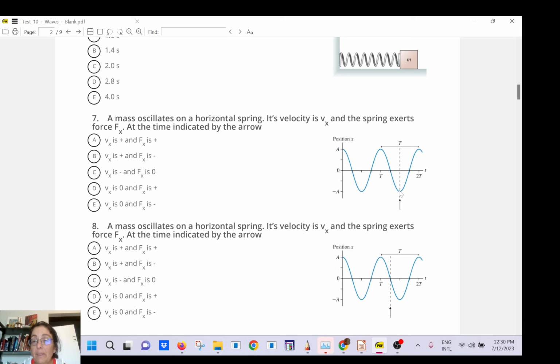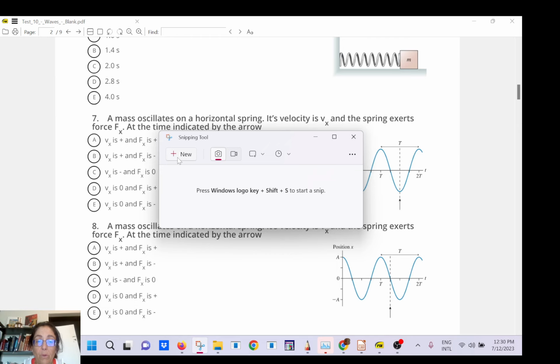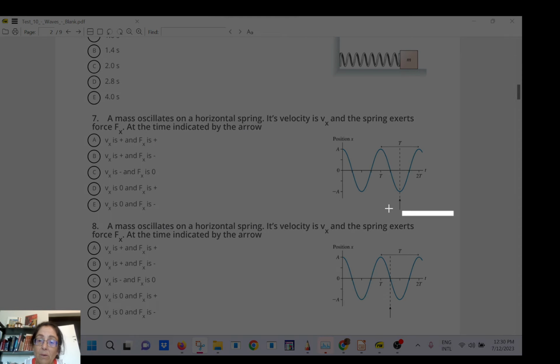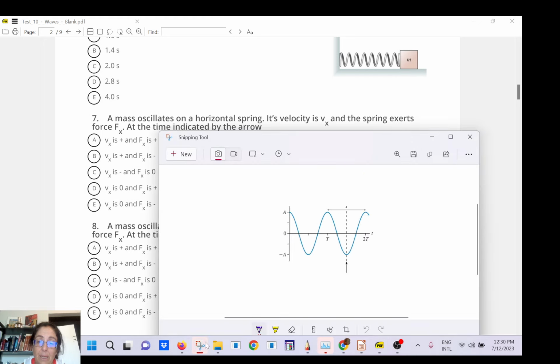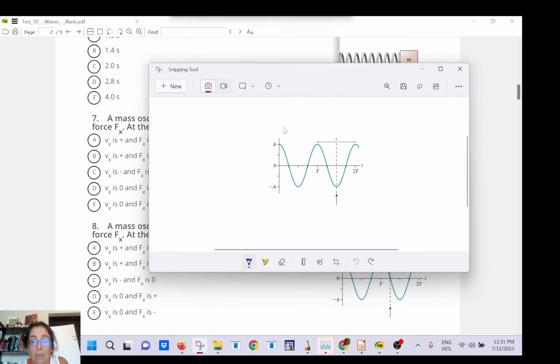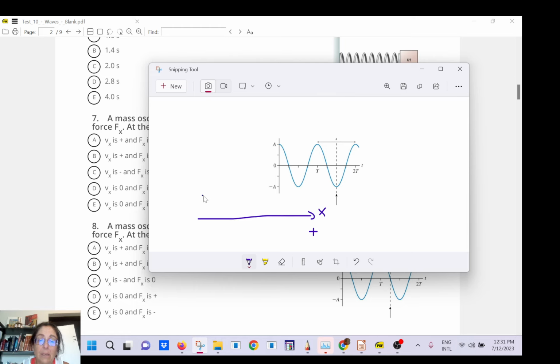So that point here, you see, it's a negative A. So the position is at x equals minus A. So it means if you have a spring, let's say this is positive, that's your x, right?